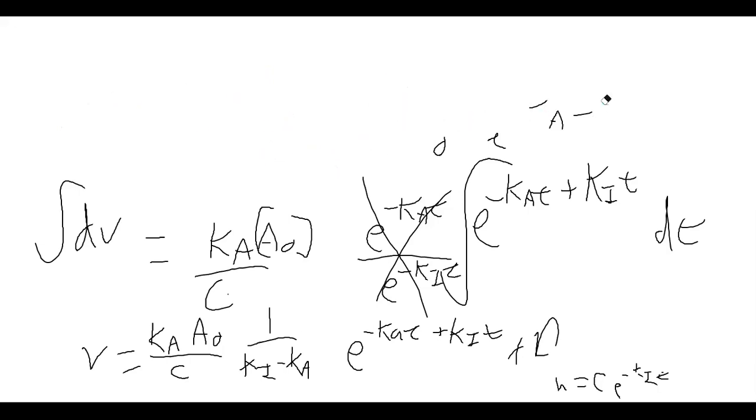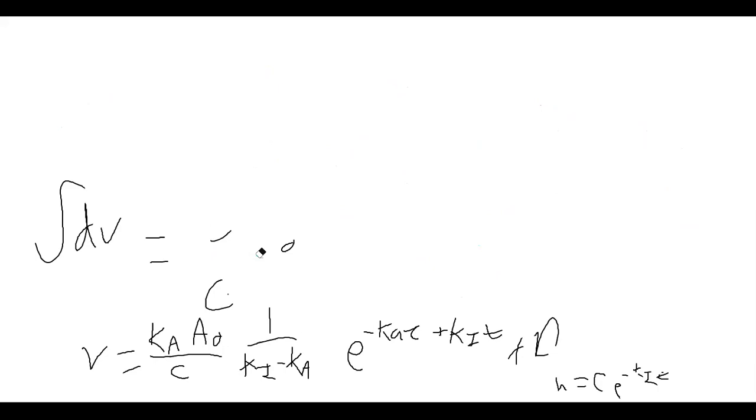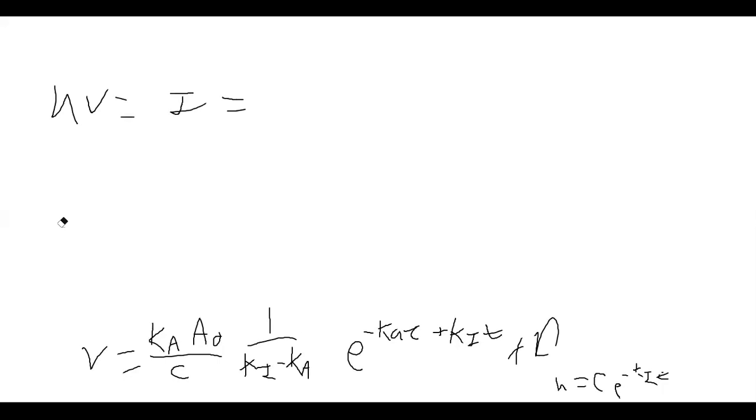Well, we know uv has to be I, the concentration of I. It also must equal this times this.